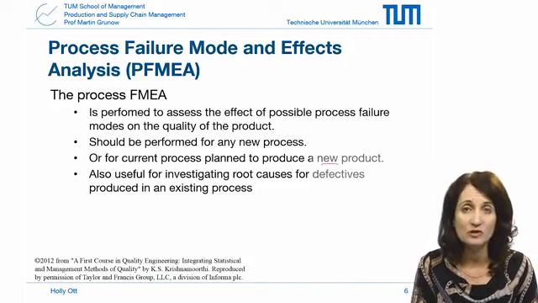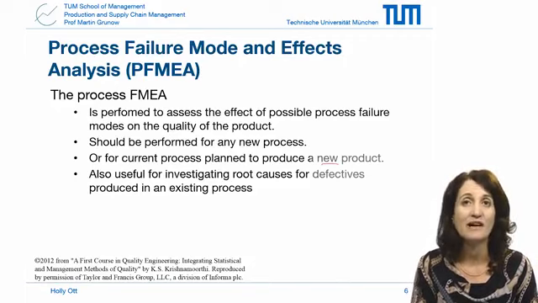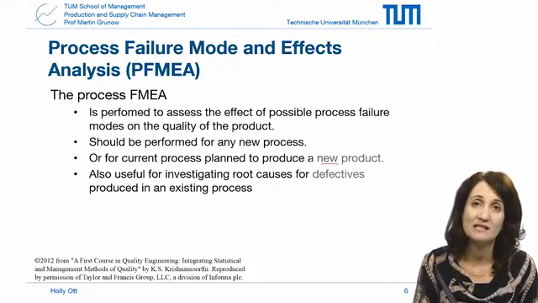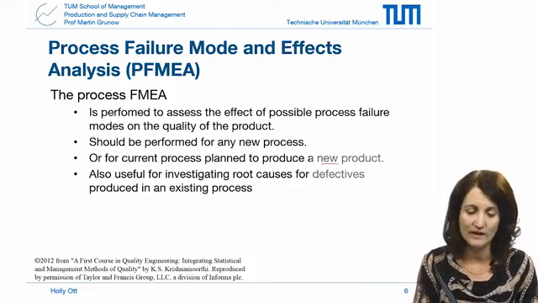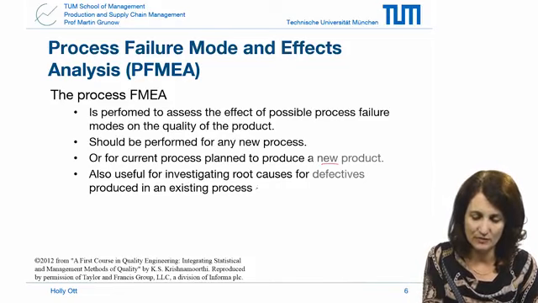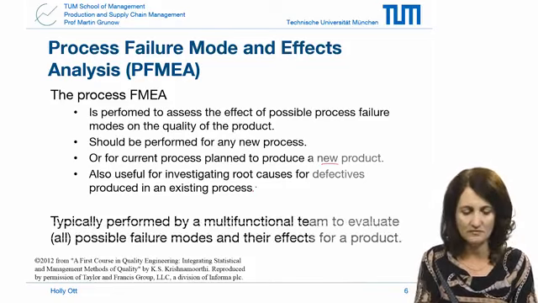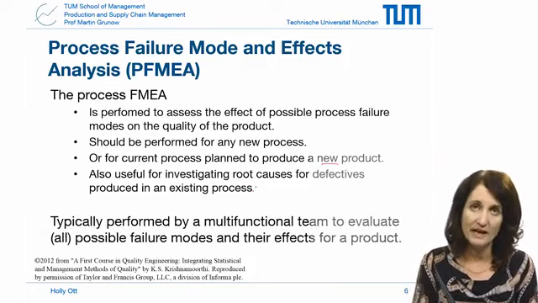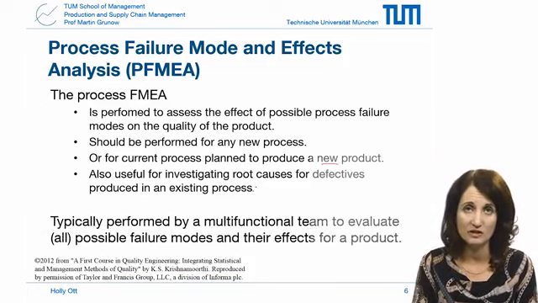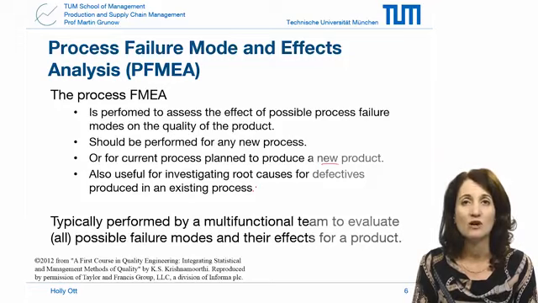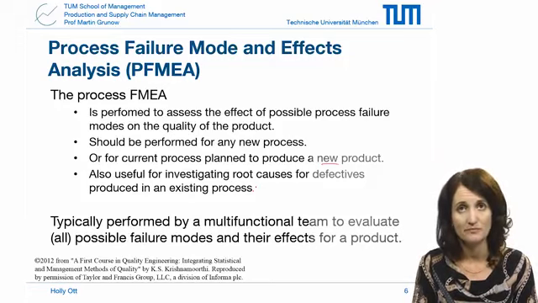Of course, it's also useful when you have a defect, an outcome that you don't want, and you need to go back and investigate the root causes for that defect in an existing process. FMEAs are typically performed by multifunctional teams to evaluate all possible failure modes and their effects for a product.